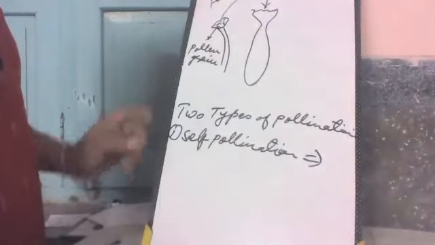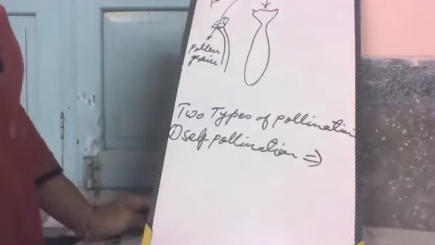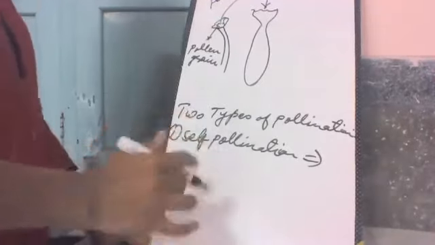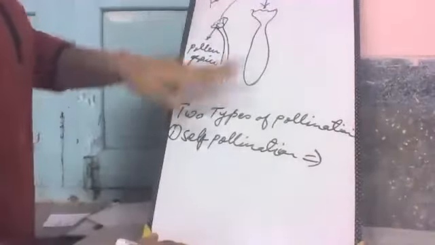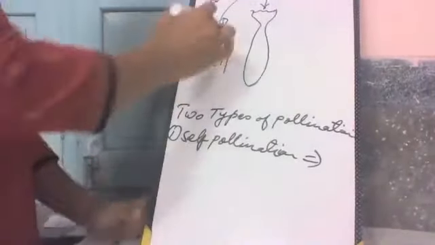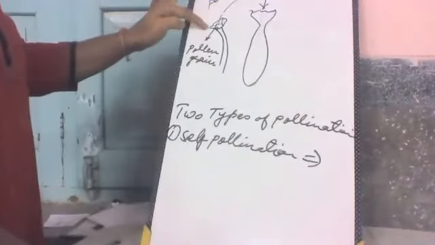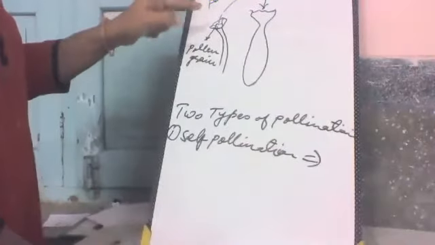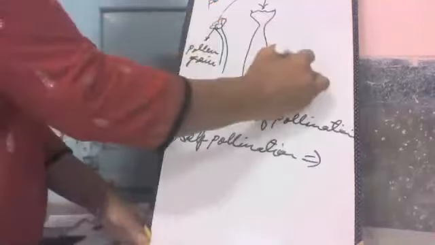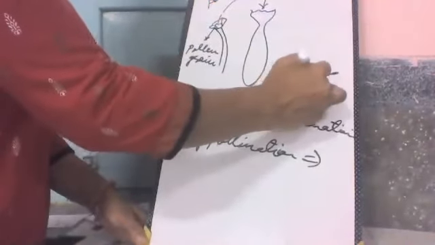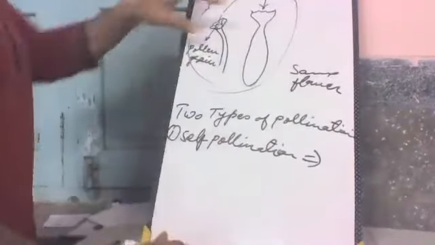Self-pollination means pollination that occurs either within the same flower or between two flowers on the same plant. See, what happened in this? It's a part of one flower. The pollen grains are transferred from the anther to the stigma of the same flower.